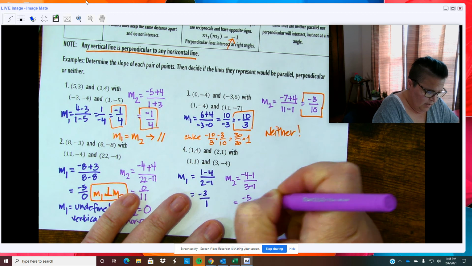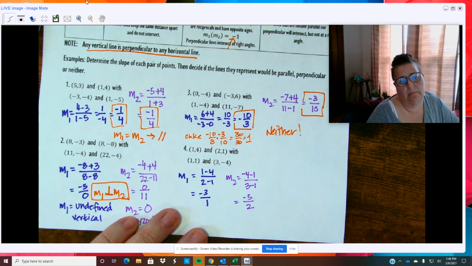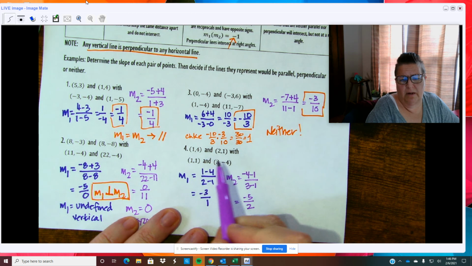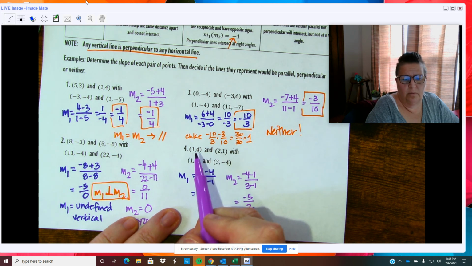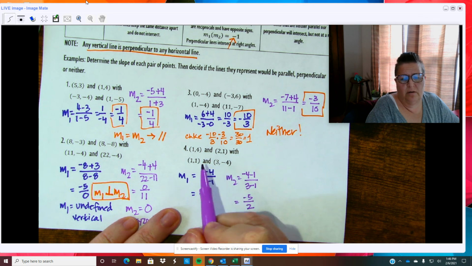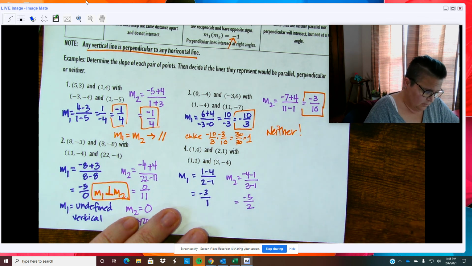That's a negative 5 over 2. Yeah. Those two are neither. There's no relationship here, right? 1 minus 4, nope. 2 minus 1, nope. Negative 4 minus 1, nope. 3 minus 1 is 2. Yeah, no, this is another neither.